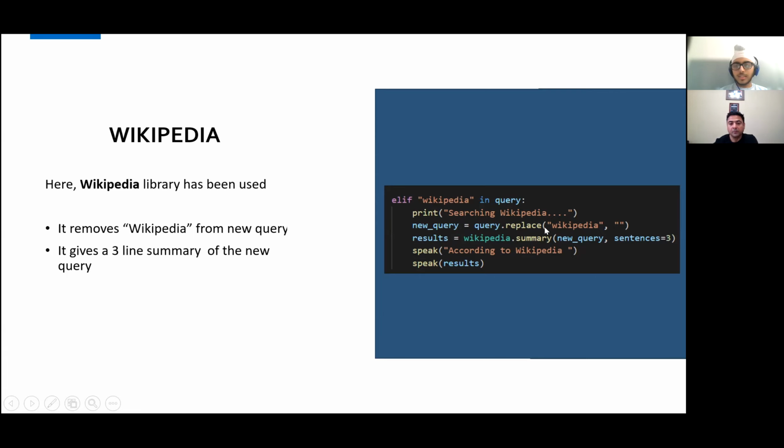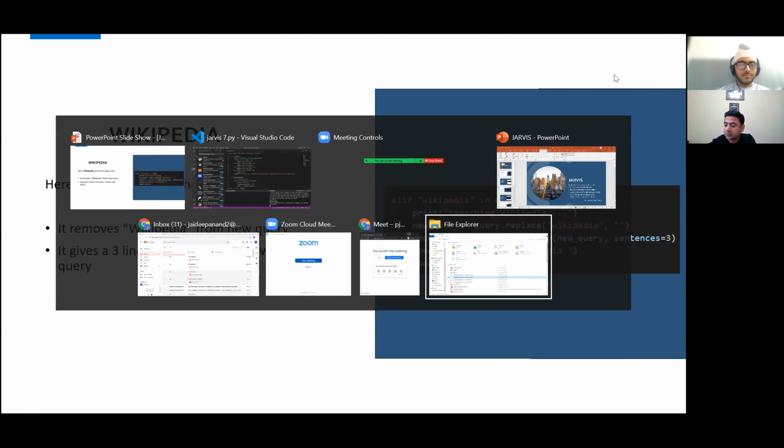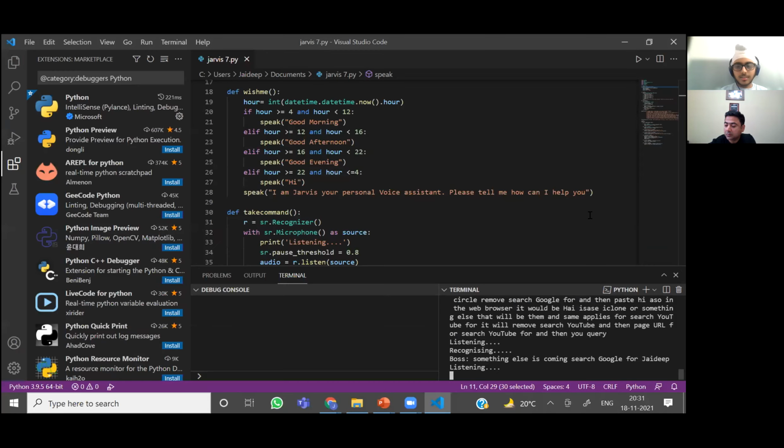If I'm saying cyclone Wikipedia, it will remove Wikipedia and then write cyclone, with sentences equal to three. Sentences can be 5 or 6, but I want a short summary, that's why I've written 3. Then try this out if Wikipedia is working or not. Cyclone Wikipedia.